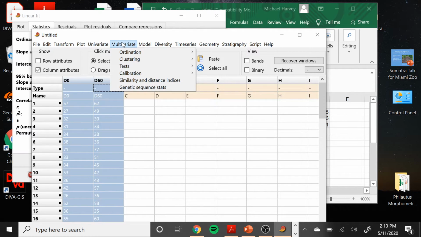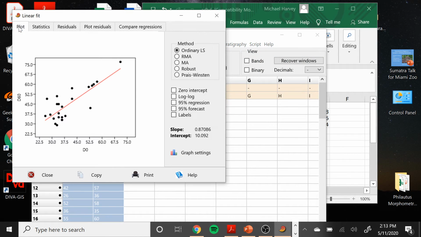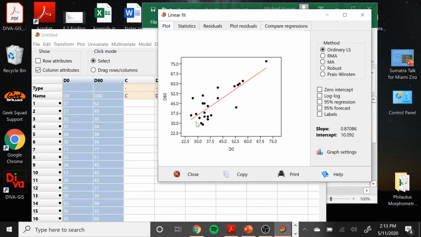Univariate. I know model, linear, bivariate. Looking at the plot, you can see that as D0 increases, the placebo scores increase, so do the scores on the D60. Even looking at this, it's pretty obvious that they're positively correlated.